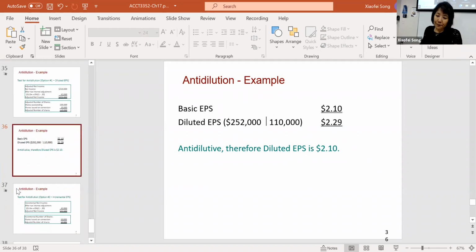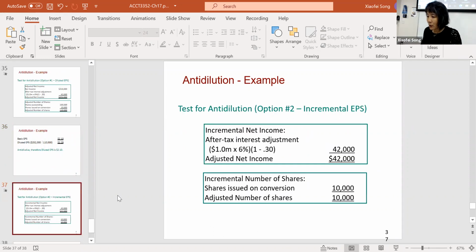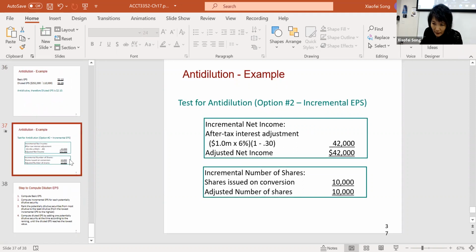So the second approach is the test for the individual potentially dilutive securities. Just focus on this convertible debt.